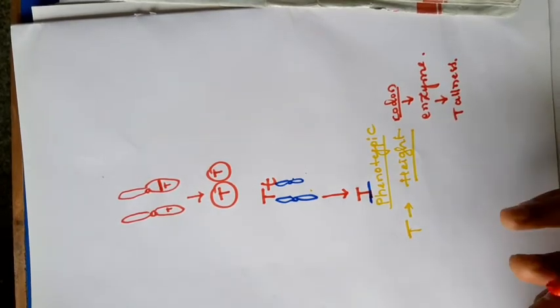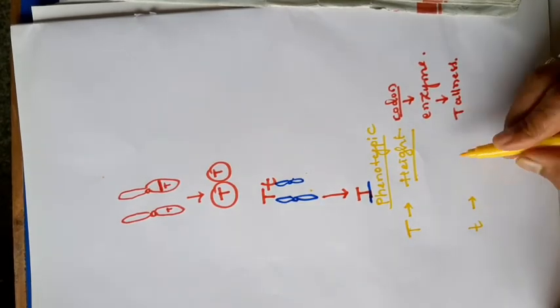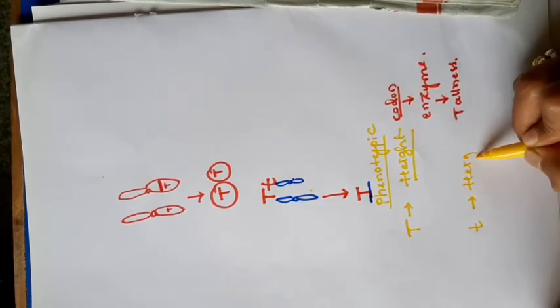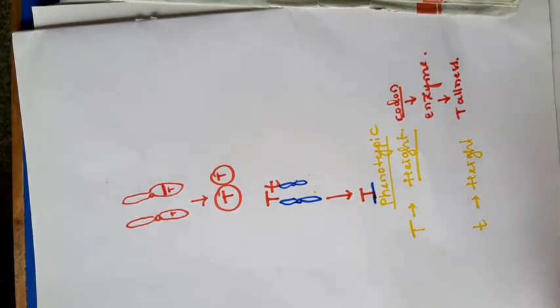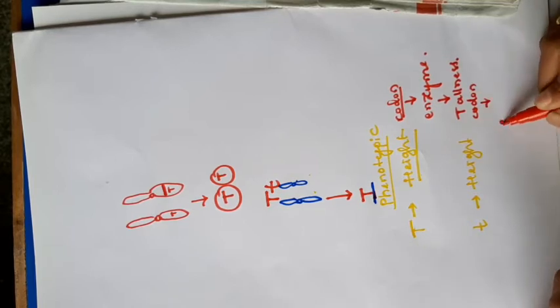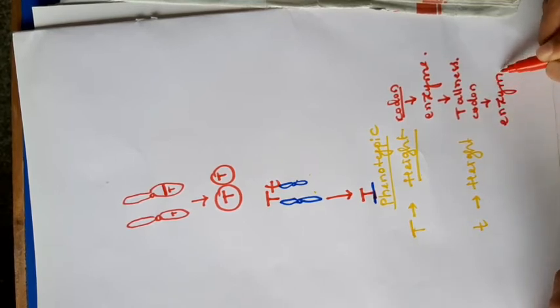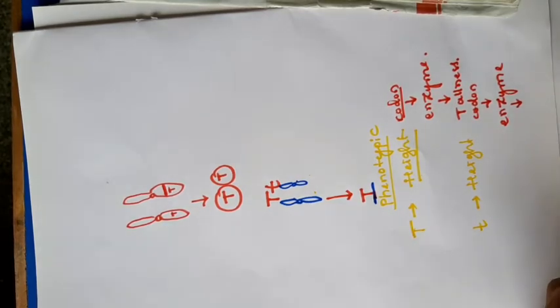Small t is also a gene for height, and the codons present in small t also code for enzymes, but those enzymes are not functional.